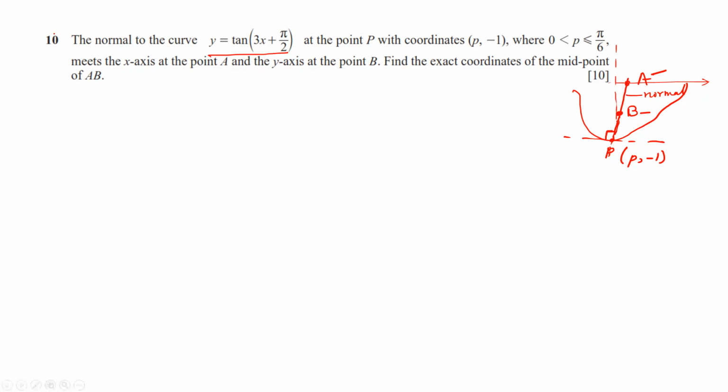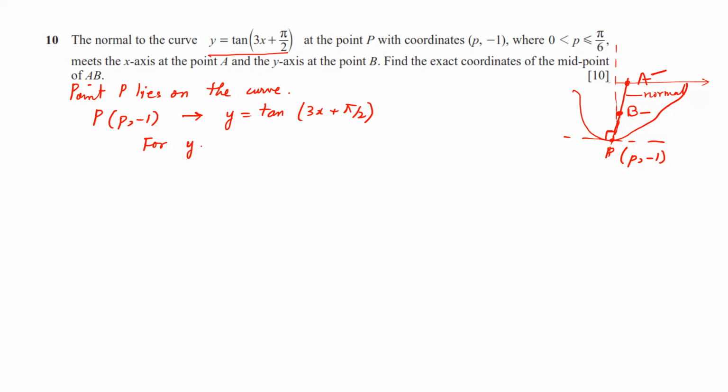Point P lies on the curve. So if you put P comma minus 1, it means that it should satisfy y equals tangent of 3x plus pi by 2. So if I put y equals minus 1, the value of x will be equal to P. So this will give me the value of x.